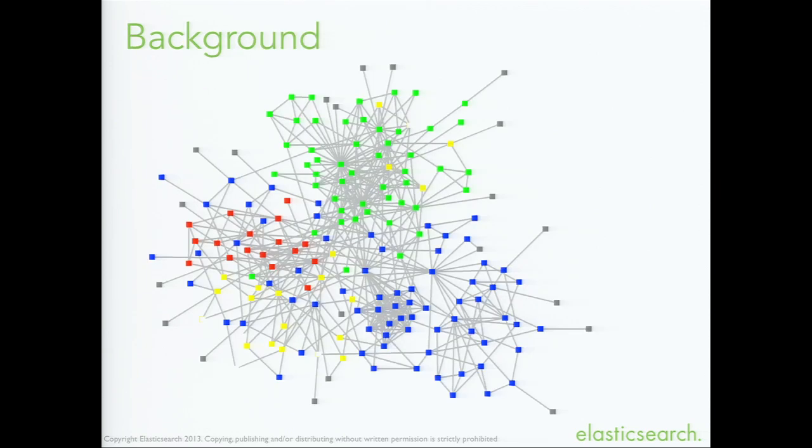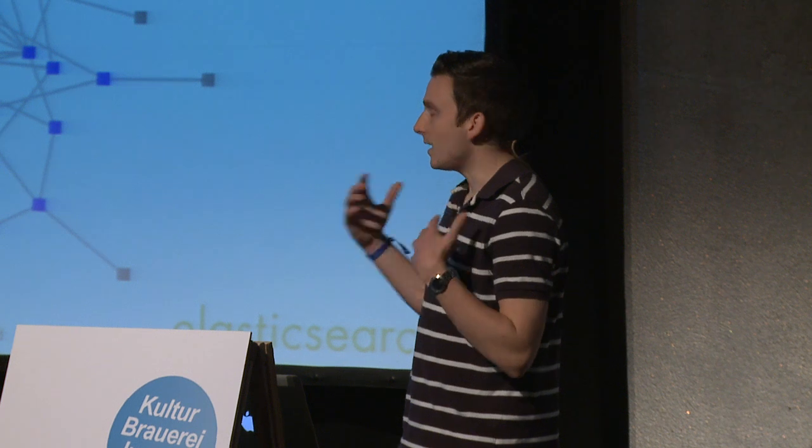If we take a look at this example data graph that shows relations between items in your data set, it doesn't matter what. It can be people following other people. This is just the concept I want to explain.